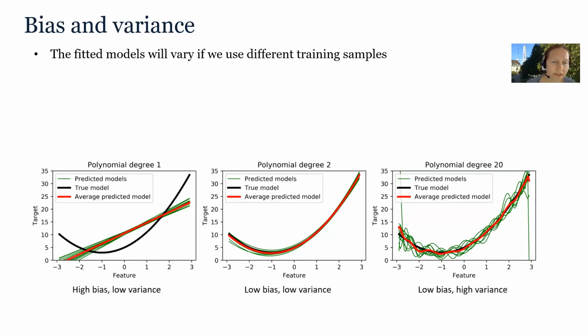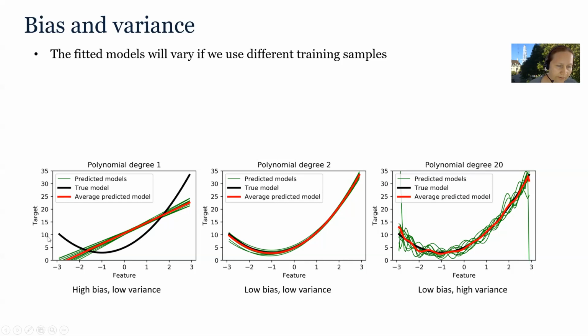So if we fit models to different training samples, these models will vary from each other. And we can see an example of that in this plot. So let's look at the first example, a linear fit.